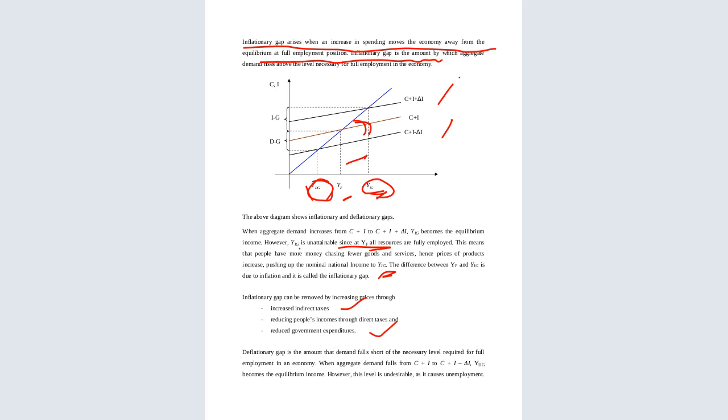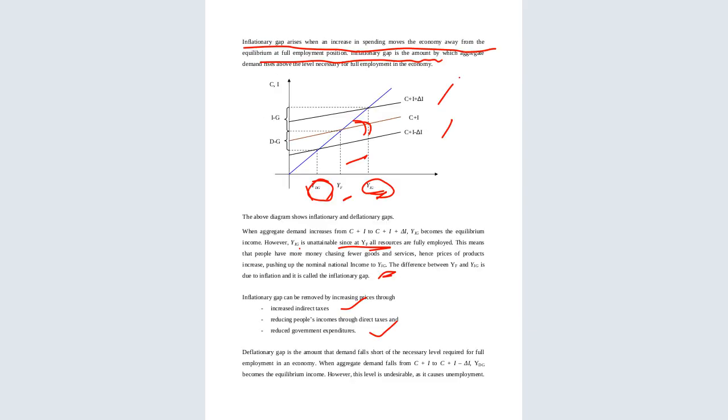But this level is actually undesirable because it causes unemployment. You can see the level of employment has actually gone down too much, and because of this, the consumers have less money chasing too many products. Hence, there is a slump in prices and employment.